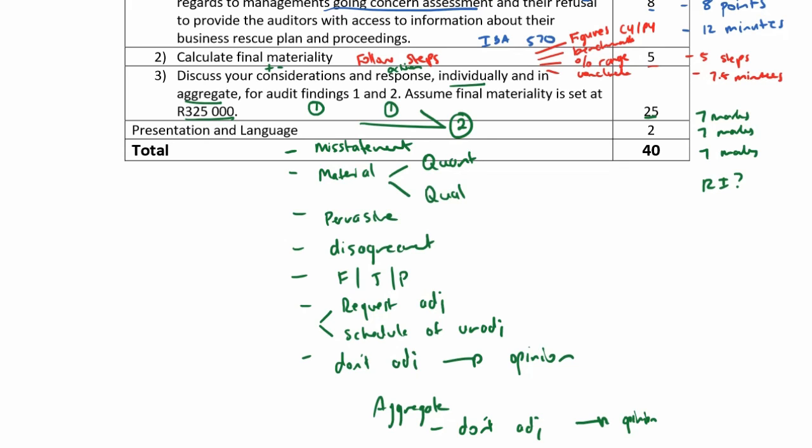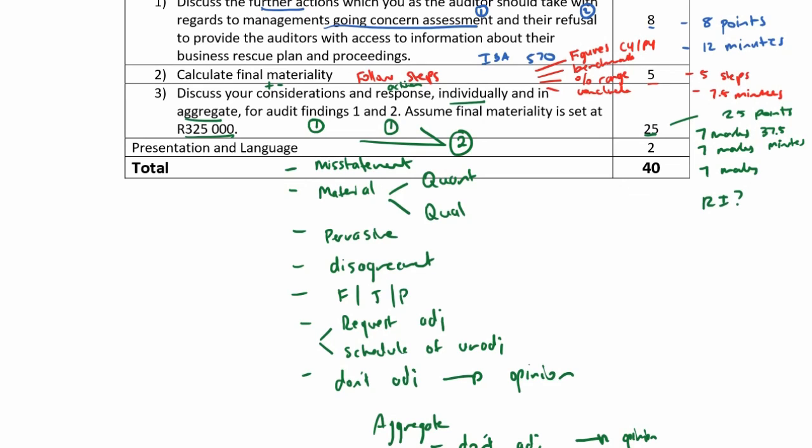Okay, 25 points needed here. And I've got 37.5 minutes. I've used a few minutes to do this analysis. So I need to consider how much time I've taken and then take some time off each of these to account for that time used.